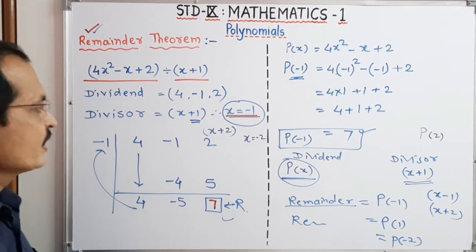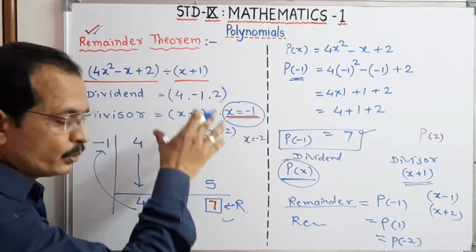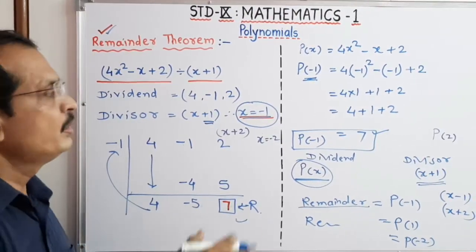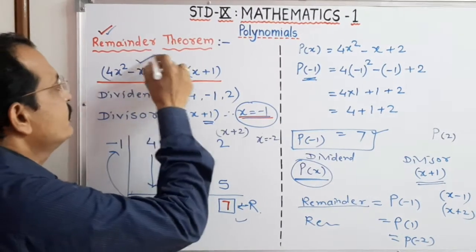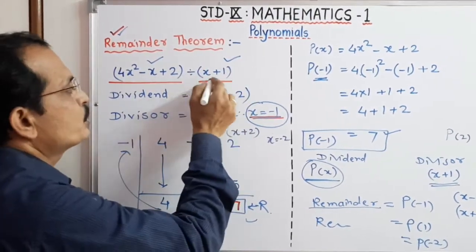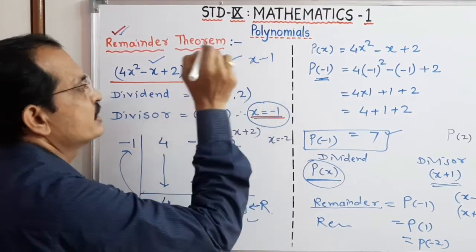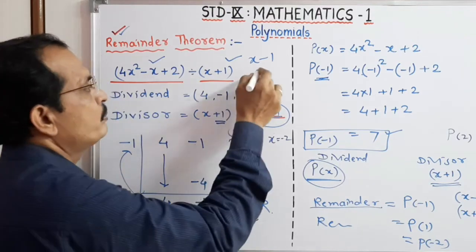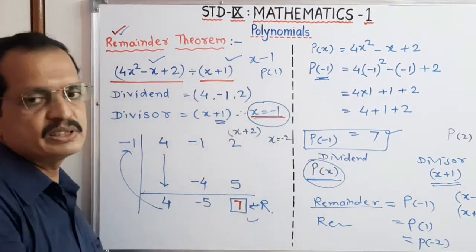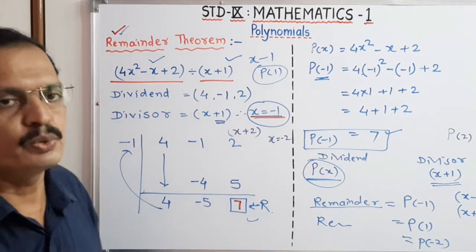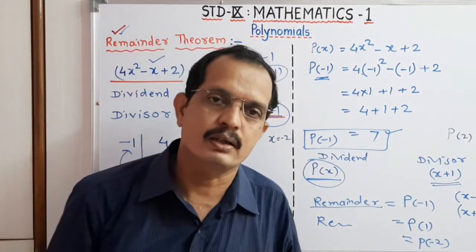That means without doing actual division, we can find the remainder if we know the dividend and the divisor. In this case, suppose the divisor is x minus 1, then the remainder will be p(1), that means the value of the polynomial for x is equal to 1. Dear student, this is the remainder theorem.